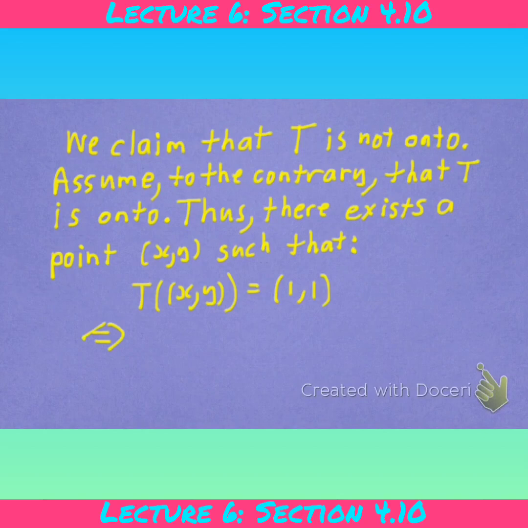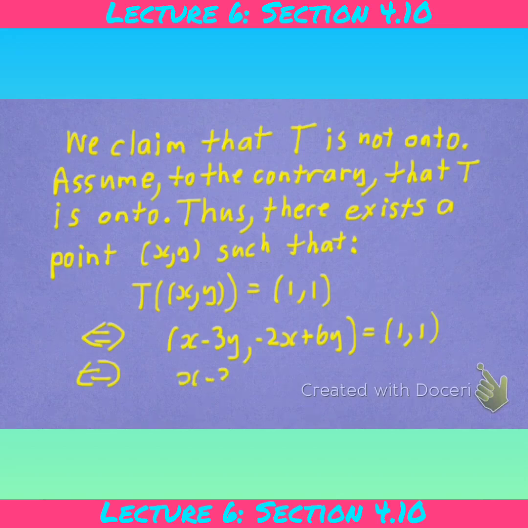And that happens if and only if, what does T do to xy? It sends it to the point x minus 3y, minus 2x plus 6y. And we need that to be 1, 1. That happens if and only if x minus 3y is equal to 1 and minus 2x plus 6y is also equal to 1.